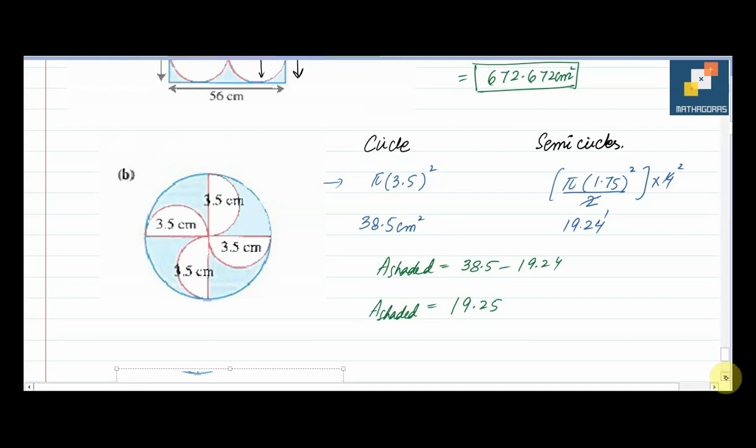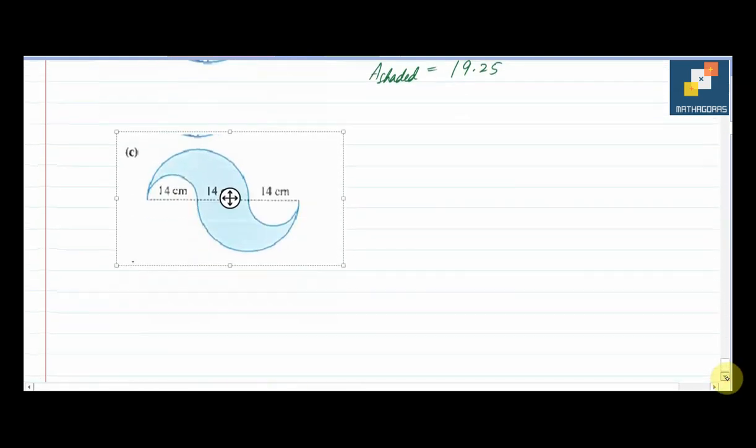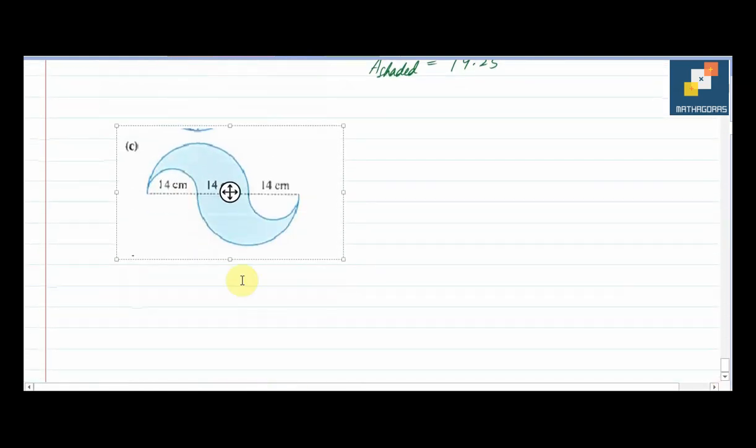Now moving on to the next question, it's part C, right? So it will be good if you try this question by yourself, so you have an idea how you are going to solve it. Now the first thing, if I ask you which shape exactly you are observing in this question.